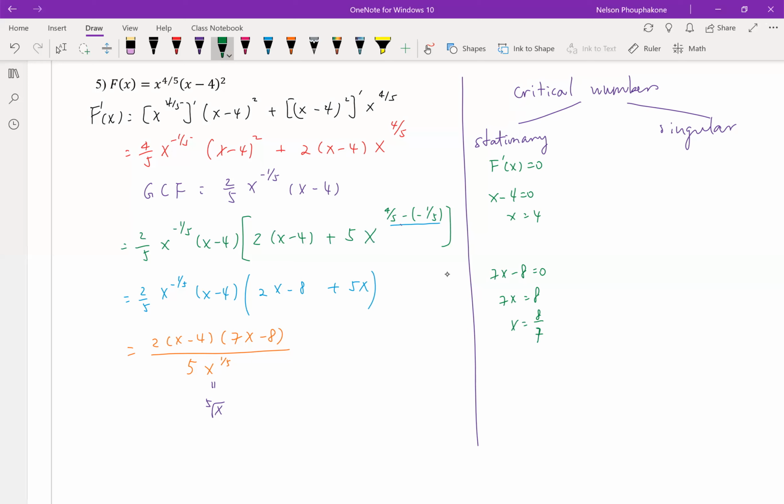Now, how about making it singular? Then we have x to the 1/5 equal to 0, because this will make it undefined, right? So x must be equal to 0. So we can make the conclusion now.